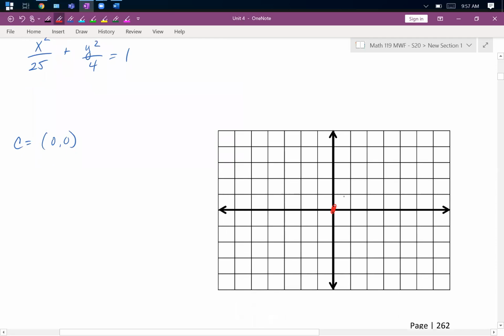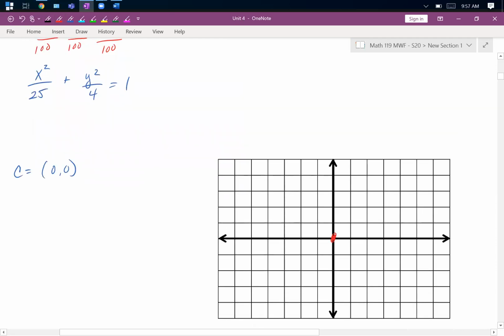And now to graph our ellipse, we're going to go how many in the x direction from the center? Right, take the square root of whatever is under the x, and that's how many you should go side to side in the x direction. So the square root of 25 is going to be 5. So we're going to go 5 to the left and 5 to the right from our center.